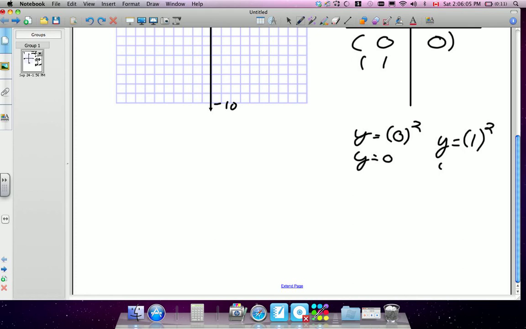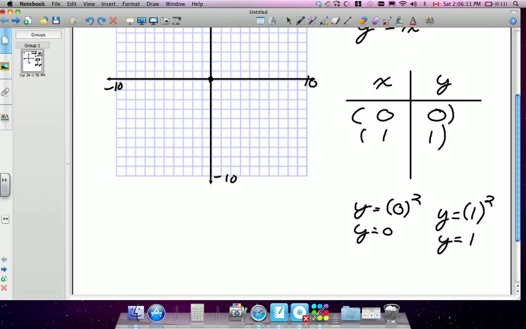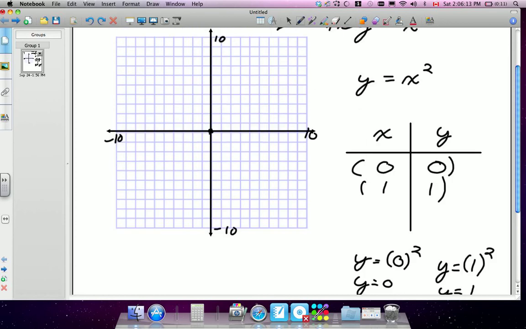So my next coordinate is when x is 1, y is 1. So I go to x equals 1, does that make sense? And I go up 1. Here's another point. Essentially, I'm going to create several points, and connect the dots and make a graph of this. So let's go work backwards too.